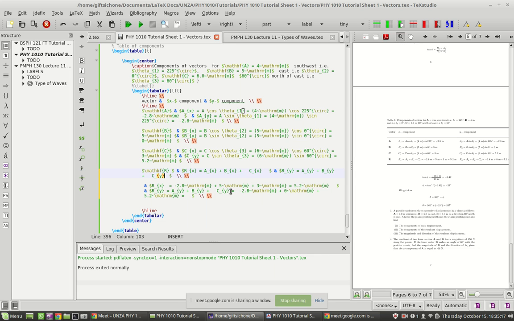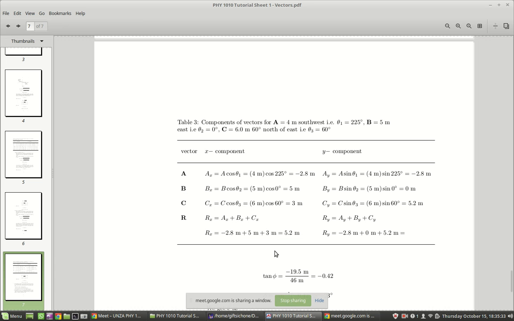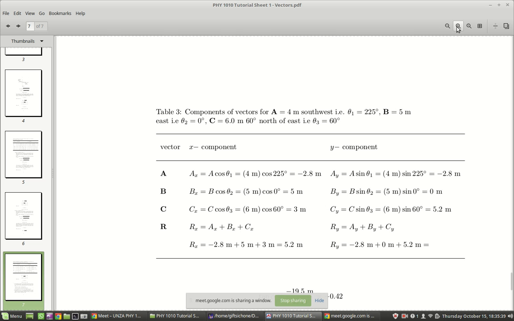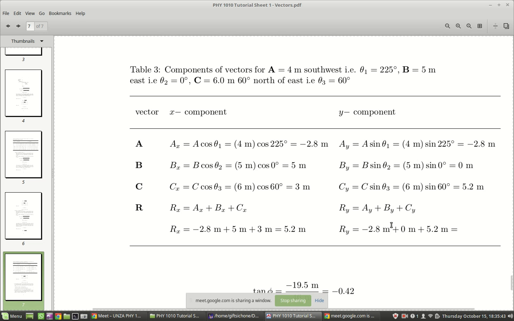Then down here. Okay. Let's see what you have. Alright, that seems to work. Alright, now it fits. Okay, so how much do you have for Ry?